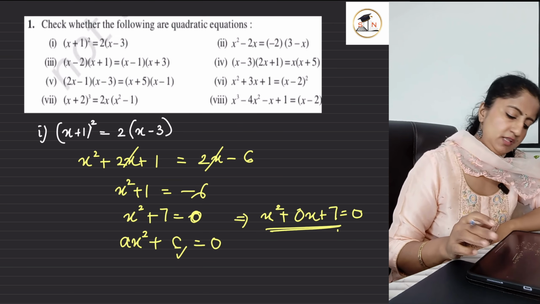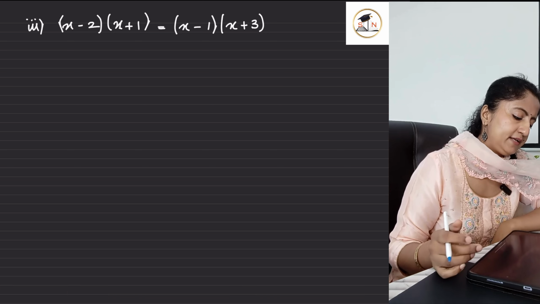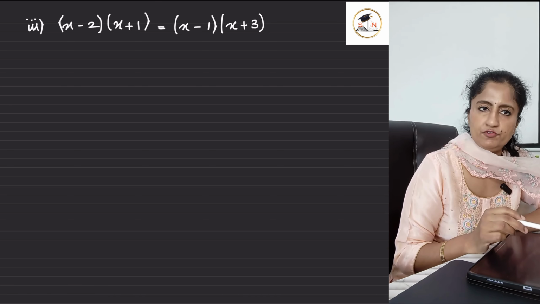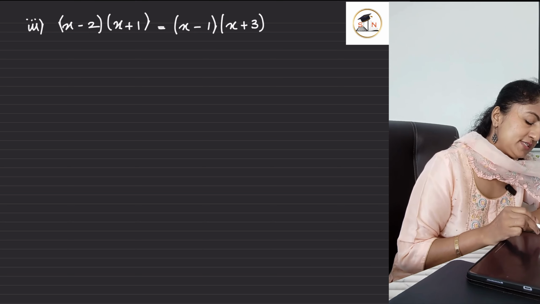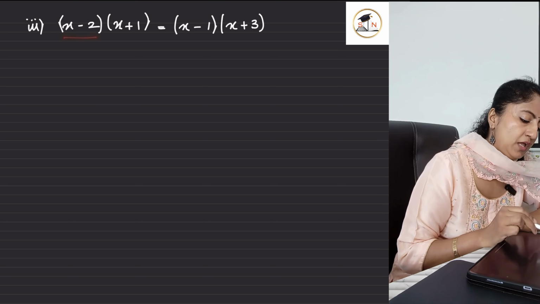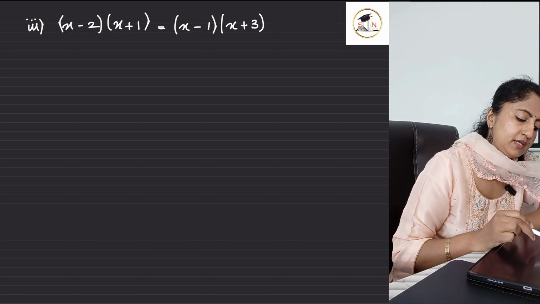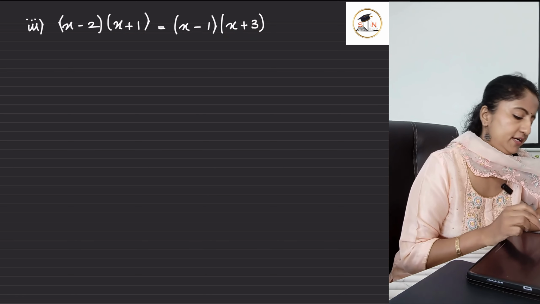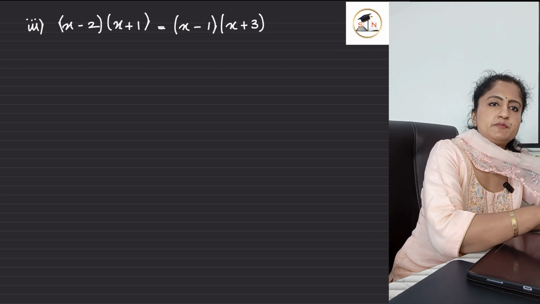Okay. Now, moving on with the next part. I have written the third part over here because I said we will be doing a few of them. So this question says x minus 2 multiplied with x plus 1, and on the right side we have x minus 1 and x plus 3, right? So let's start expanding.